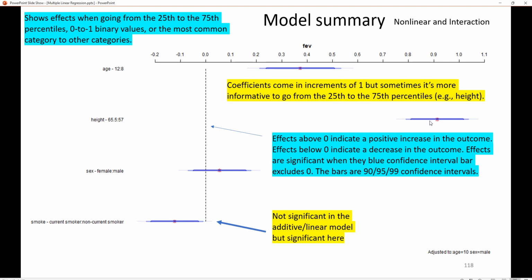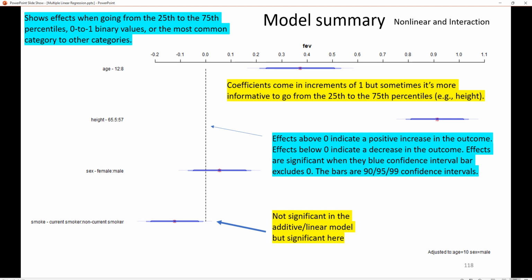Now, height actually, when you go from the first to third quartile, which is about going from 57 to about 65 inches, we see a big jump. It's actually close to about 0.9 on the FEV level. So it's important to remember that FEV ranges from about 1 to 4.